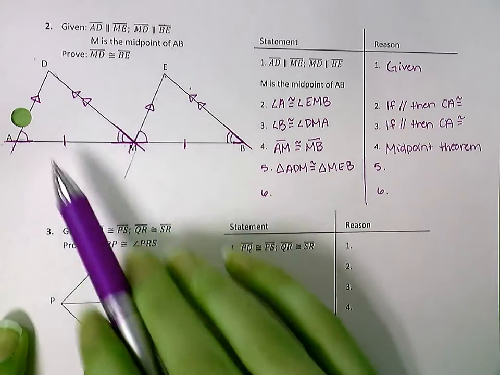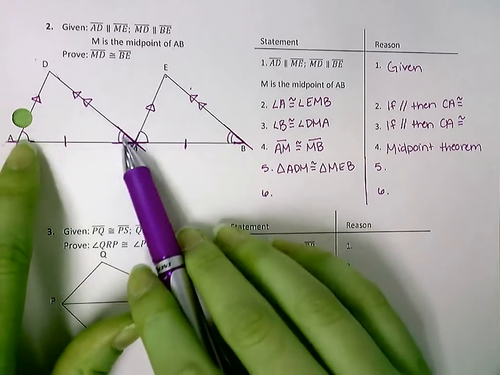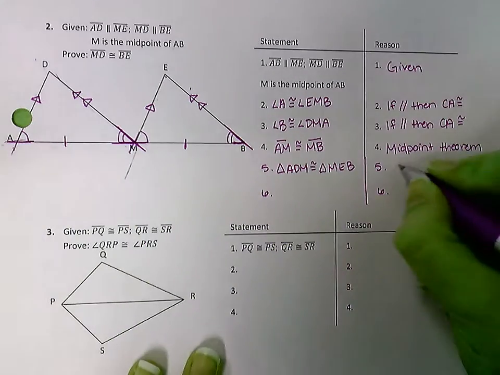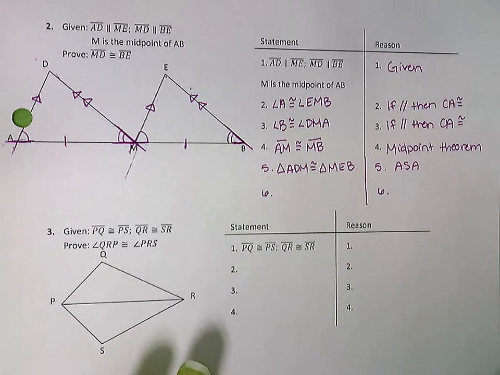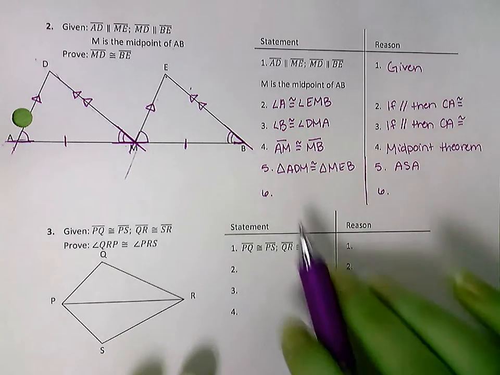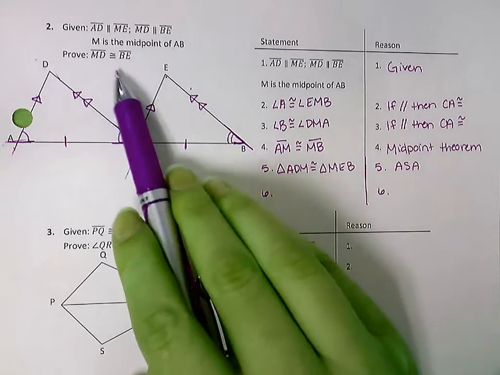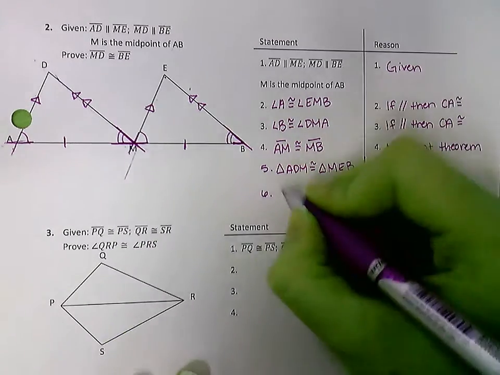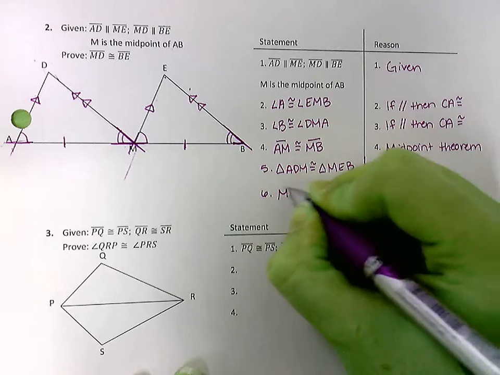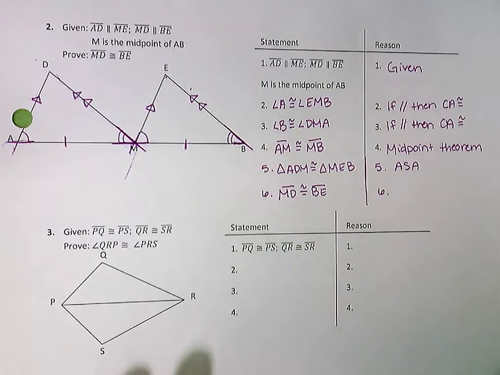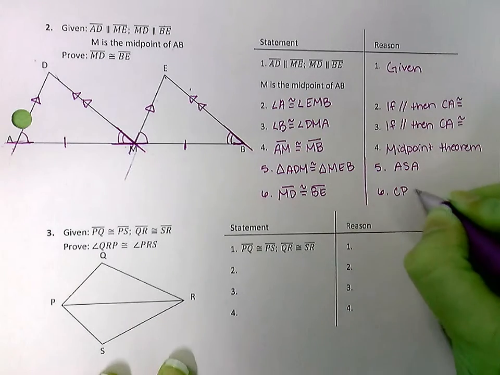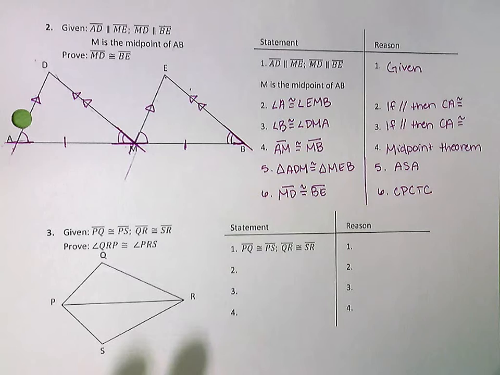Looking at my 2 triangles, I have a side between 2 angles. So this one would be angle, side, angle. Then my last statement has to be what I'm trying to prove. So now I can say MD is congruent to BE. Since my triangles are congruent, so are their corresponding parts. So we have CPCTC.